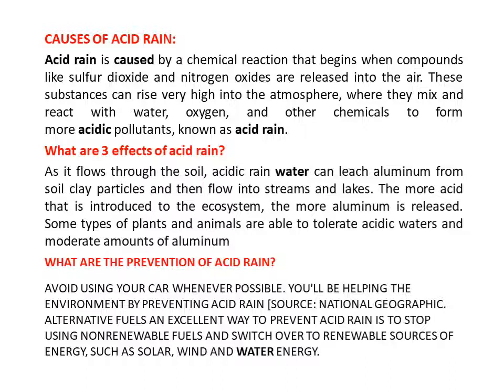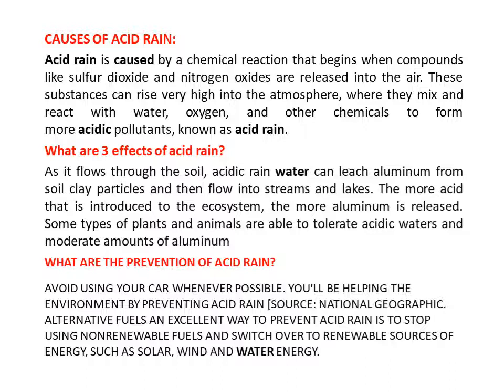The third, what are the prevention of acid rain? Avoid using your car whenever possible. You will be helping the environment by preventing acid rain. Source: National Geographic, Alternative Fuels.